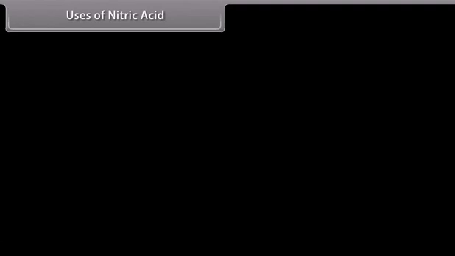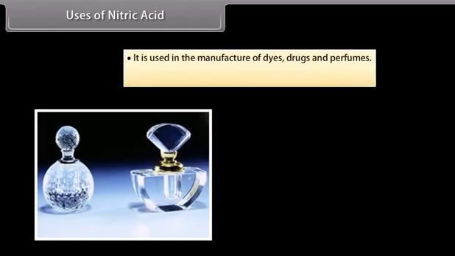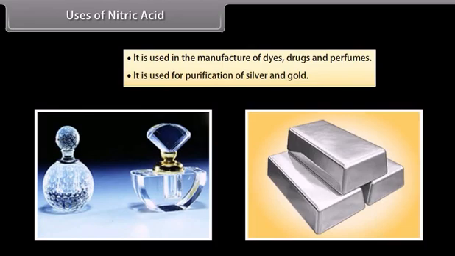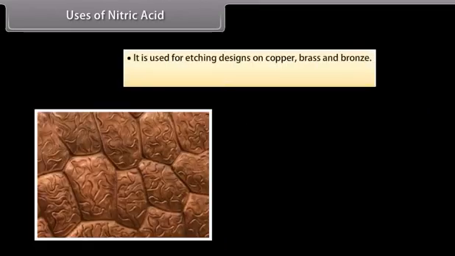Uses of nitric acid. It is used in the manufacture of dyes, drugs and perfumes. It is used for purification of silver and gold. It is used for etching designs on copper, brass and bronze.